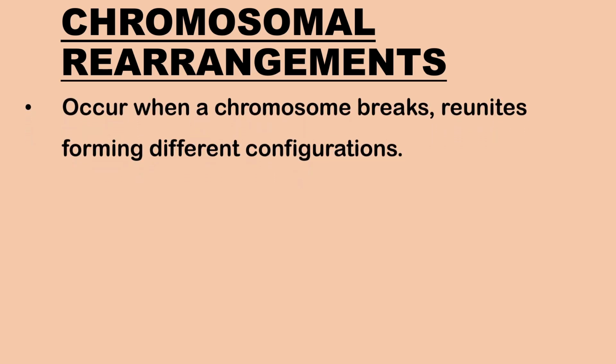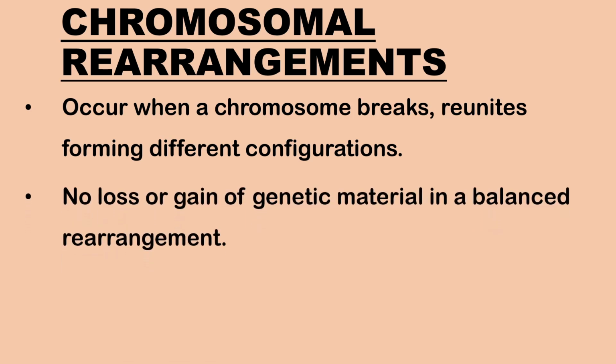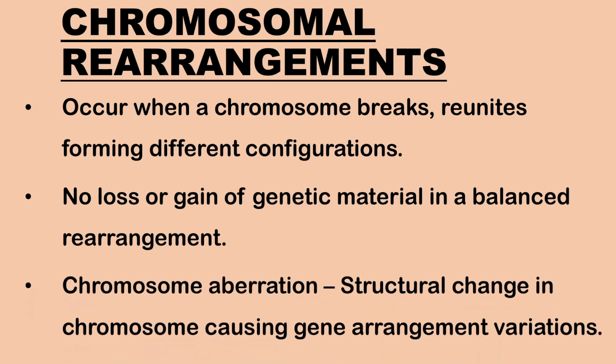Next, let us study chromosomal rearrangements. Chromosomal rearrangements occur when a chromosome breaks and reunites, giving rise to different configurations. In a balanced rearrangement, there is no loss or gain of genetic material.